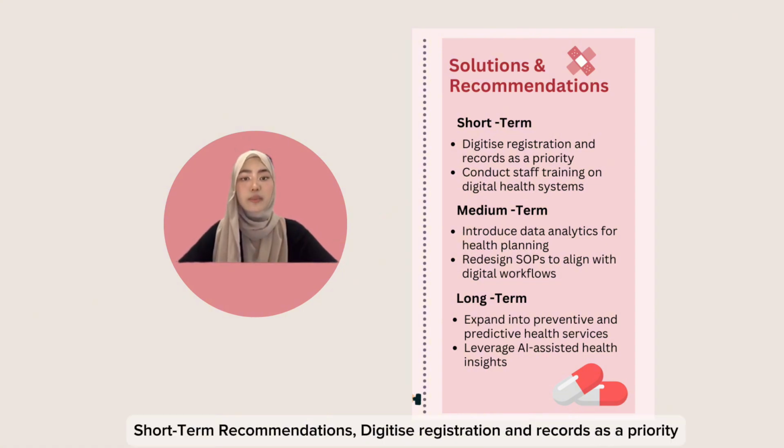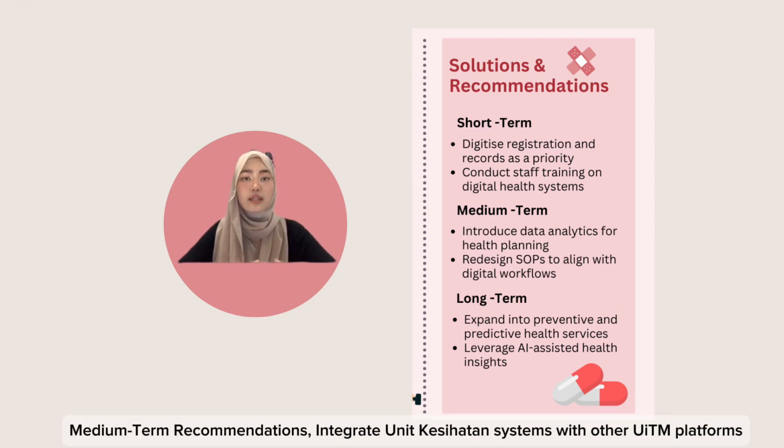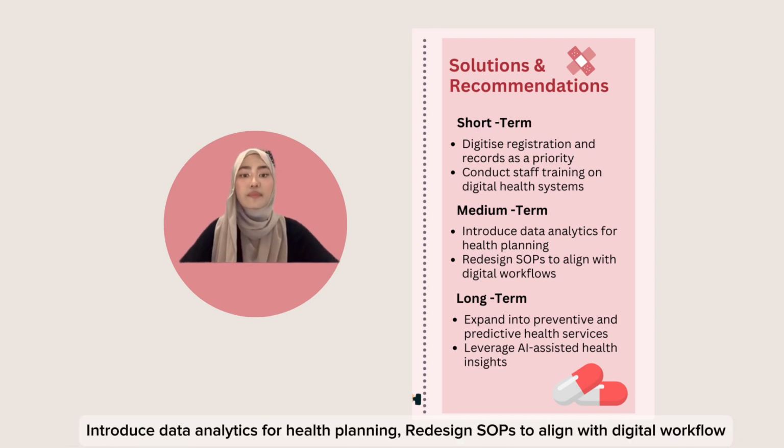First, the short-term recommendation is to digitize registration and records as a priority, which is in the HINGE process, conduct staff training on digital health programs, and strengthen data privacy and cybersecurity awareness. The second is the medium-term recommendation, where we recommend integrating the Unit Kesihatan system with other UiTM platforms, introducing data analytics for health planning, and redesigning the SOPs to align with digital workflow.